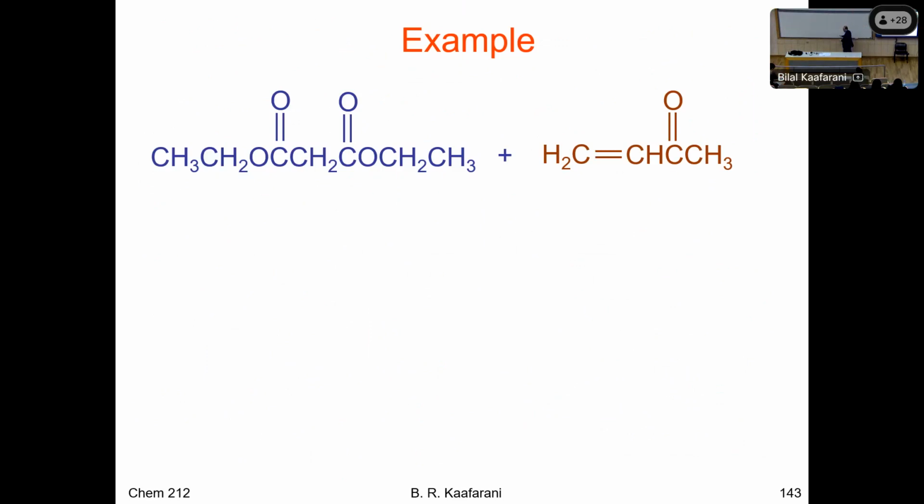So let me first draw on the board what kind of reaction I am going to do. So I have O ethyl, C double bond O, CH2, C double bond O, O ethyl. I'm reacting it first with NaO ethyl in ethanol.